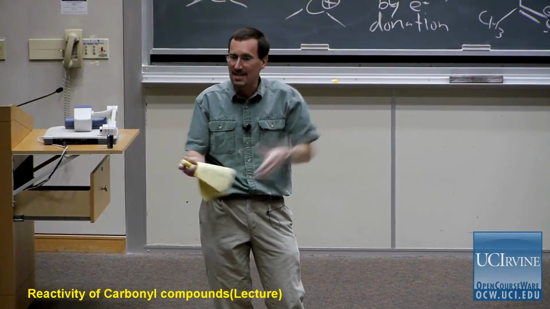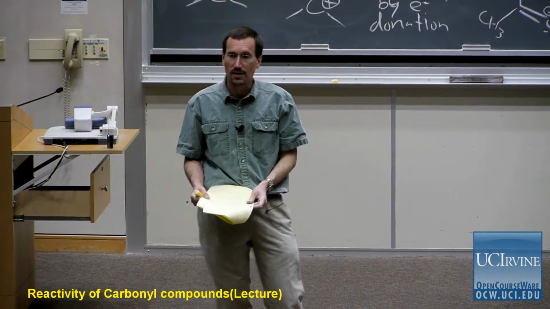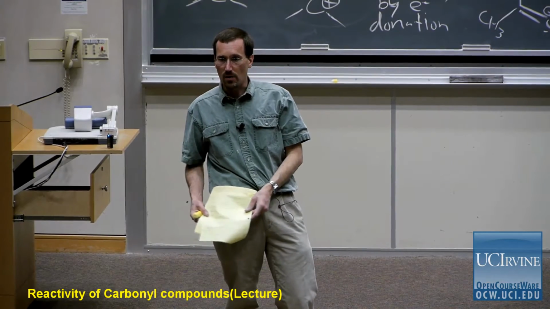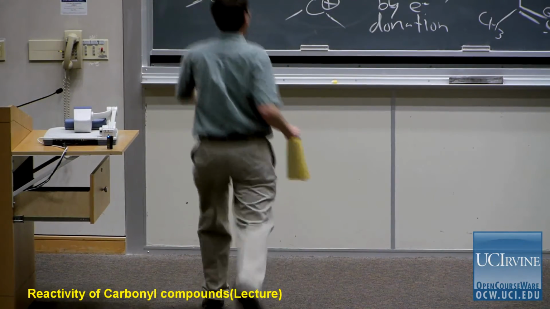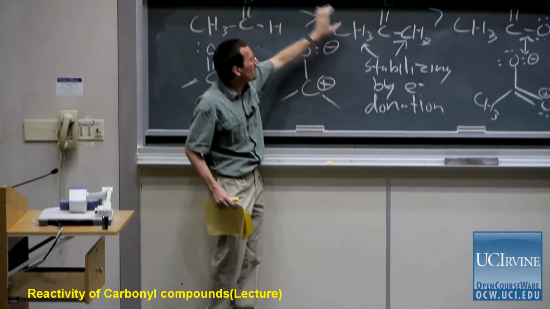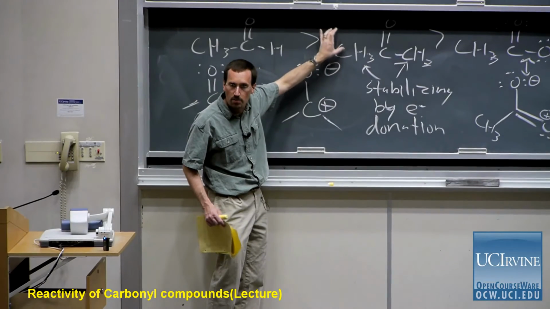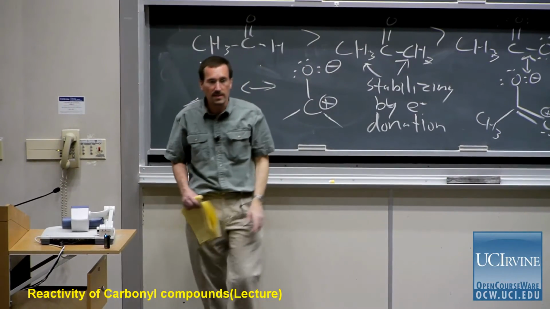It's that exact same thinking, although I wouldn't go so far as to write such a structure. So think of each of these CH bonds. Remember, the hydrogen is more electropositive than carbon, so each of these CH bonds puts more electron density on the carbon, which inductively donates it in.